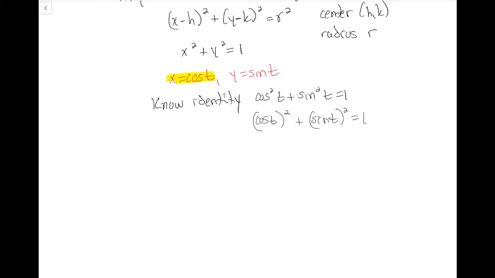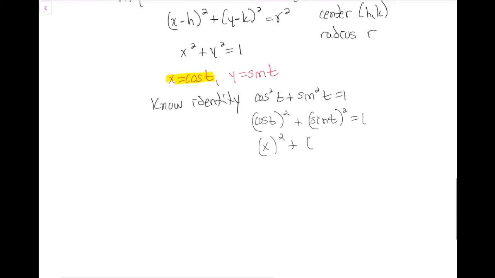So I'm replacing the cosine with x, just like I did where I highlighted in yellow, and I'm replacing the sine with y. So there's our x squared plus y squared equals 1. Typically in homework problems within a section like this, you'll be asked to eliminate the parameter.